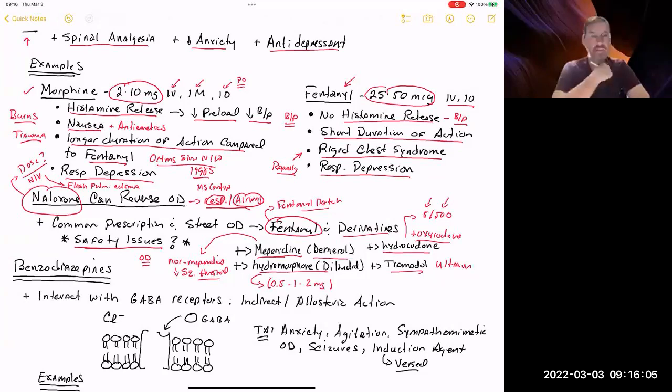Because I don't want them withdrawing. I don't want all of that. I want them to be uncomfortable, but I want them to be awake enough, breathing, and protecting their airway adequately. So being a little more judicious and cautious with how we use naloxone may actually result in better outcomes and more comfortable patients.